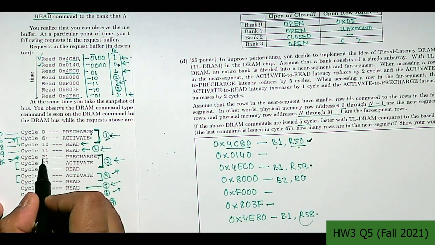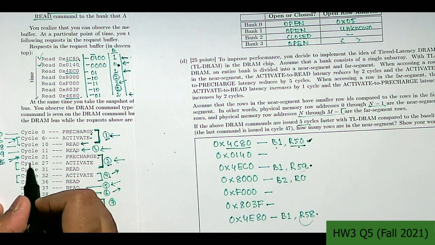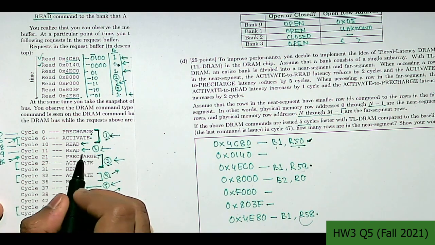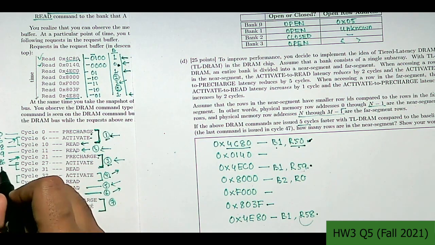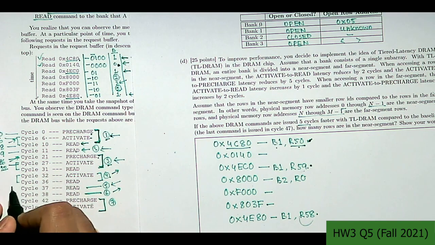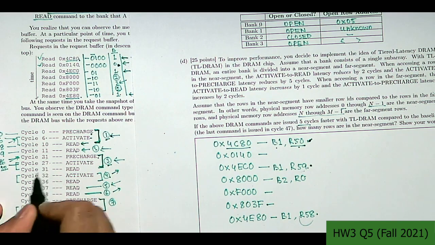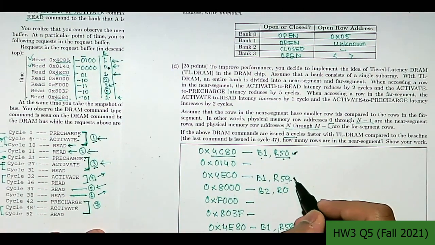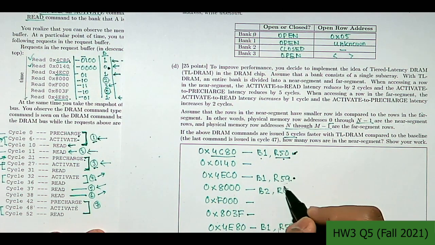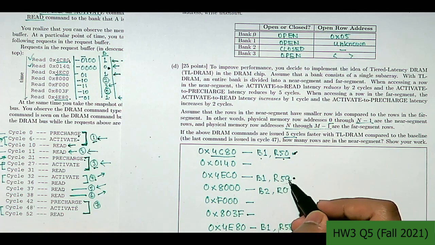So now if you can get it done at 16, then precharge to activate is always the same. There is no benefit in TL-DRAM. So this timeline actually went to 22. That's 6 cycles, right? And then activate to read. Now consider this. Currently you are at R59. R59 is a fast segment.